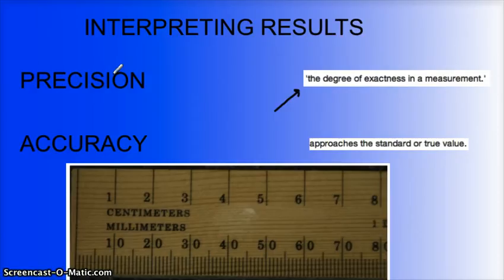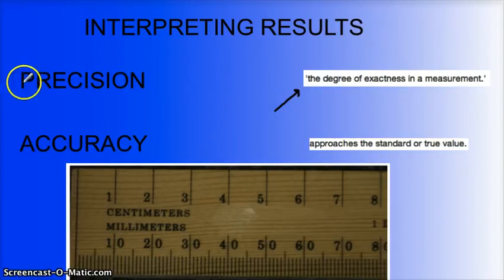For example, if you are testing to see how many different species of birds come to a bird feeder under different conditions, if one day 23 birds come, the next day 24 birds come, the next day 23 birds again come, that's pretty precise. You're getting an exactness of measurement with that, as opposed to if you had a big discrepancy between the numbers for every day in which you repeated that experiment.